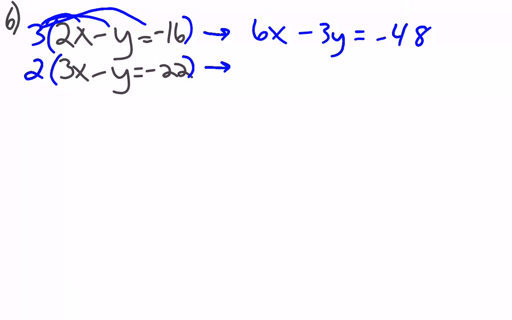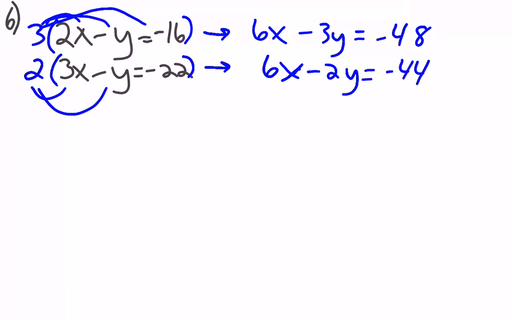The number one mistake people make is not distributing to that last number on the other side of the equation. So we're going to get 6x, whoa, that was horrible x, sorry, minus 2y equals negative 44.